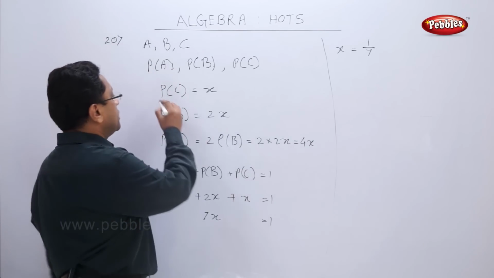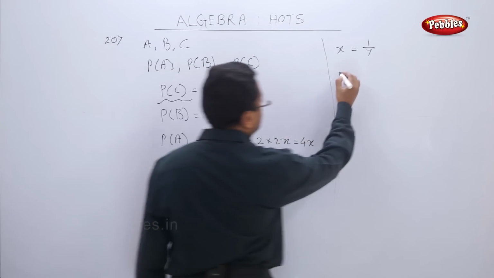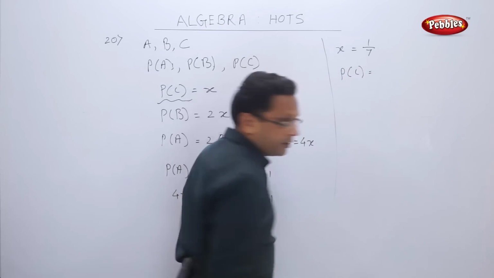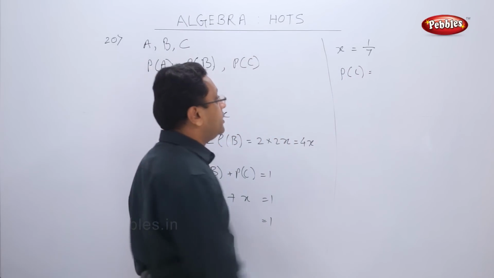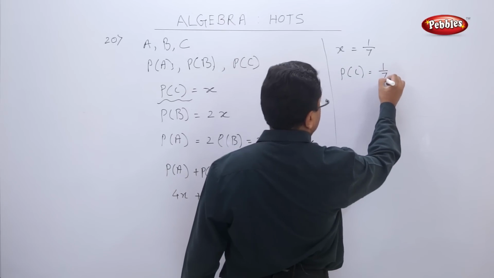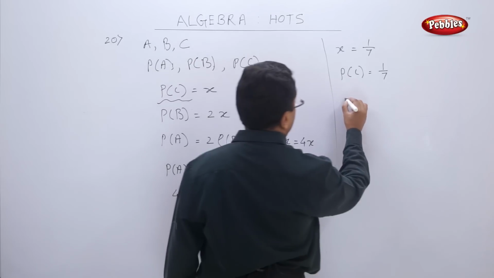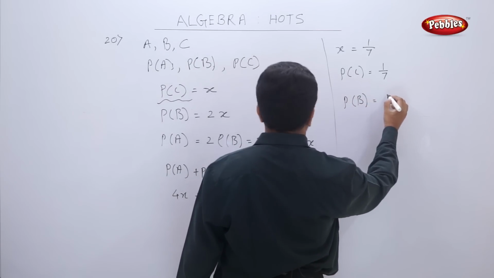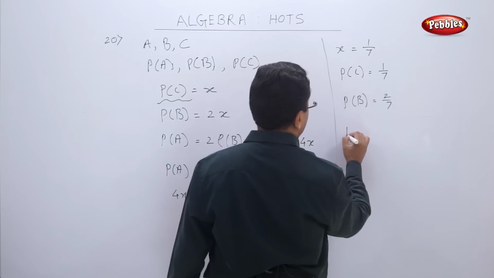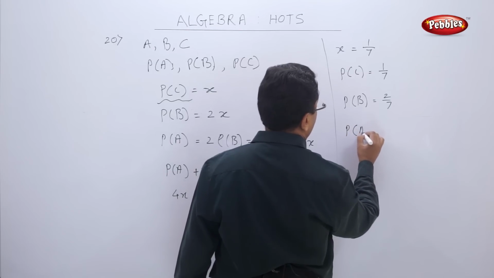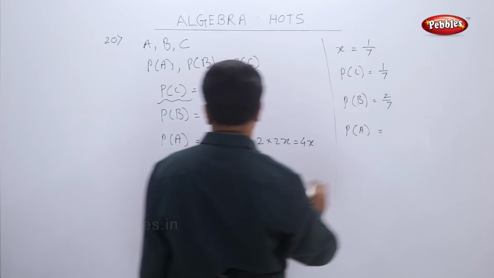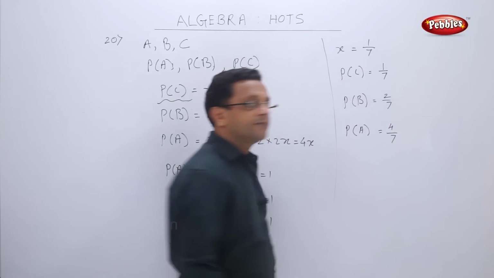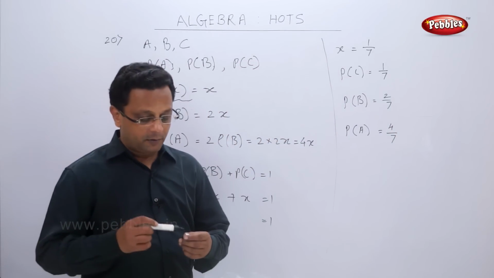The x is the probability of C. So we can say that the probability of horse C winning is 1 by 7, the probability of horse B winning is 2 upon 7, and the probability of horse A winning is 4 upon 7. Very simple.